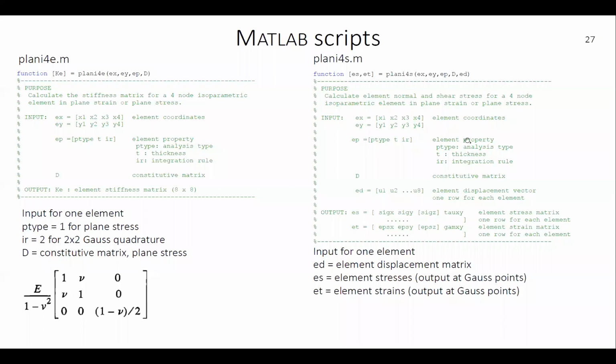And also the input will be the element displacement vector. So you need to define all the displacements in one row for each element. And your output will be essentially the element stresses and element strains, whereas you are interested in the element stresses, ES.